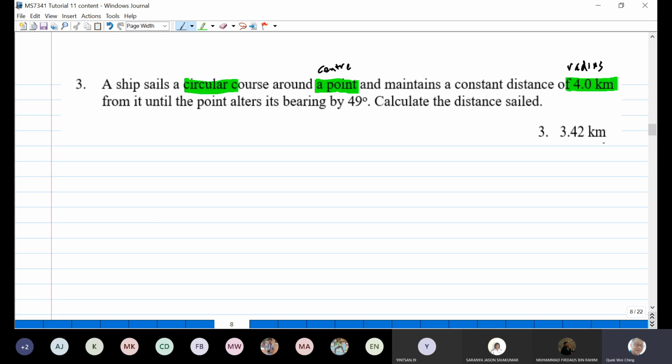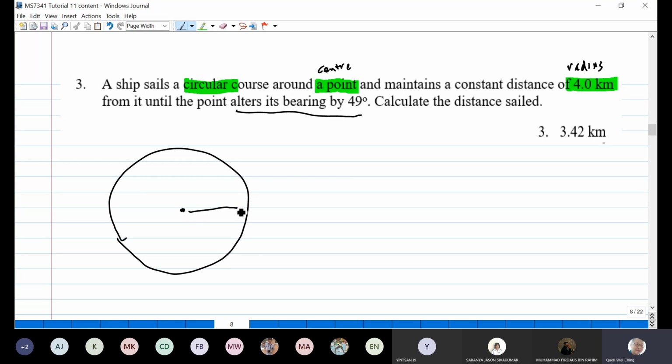And it's not a complete circle, because the angle, the bearing, changed. The bearing changed by 49 degrees. So basically, if you draw a circle like this, this is the center, and the radius is 4 kilometers.